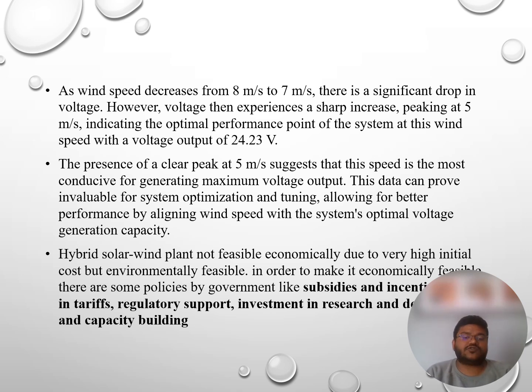Also, in the reliability analysis we have seen that at higher speed the reliability of wind decreases. We also need government policies to be considered whenever implementing any high-cost renewable project, such as subsidies and incentives, feed-in tariffs, regulatory support, and investment in research. These things help make it economically feasible.